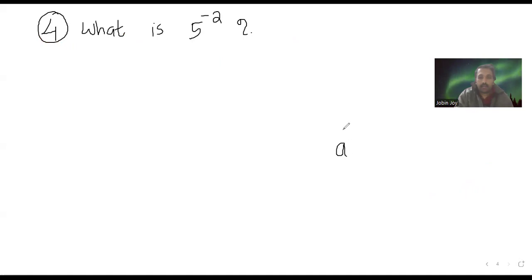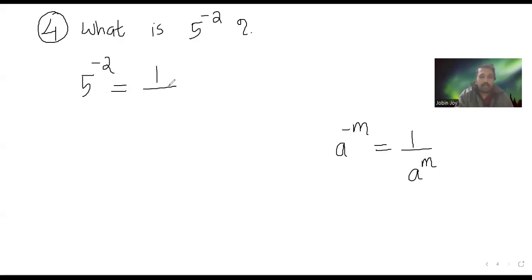Again, we will apply this a raised to minus m will be equal to 1 by a raised to m. So 5 raised to minus 2 will be equal to 1 by 5 raised to 2. Okay. So the equivalent expression of 5 raised to minus 2 will be equal to 1 by 5 raised to 2.